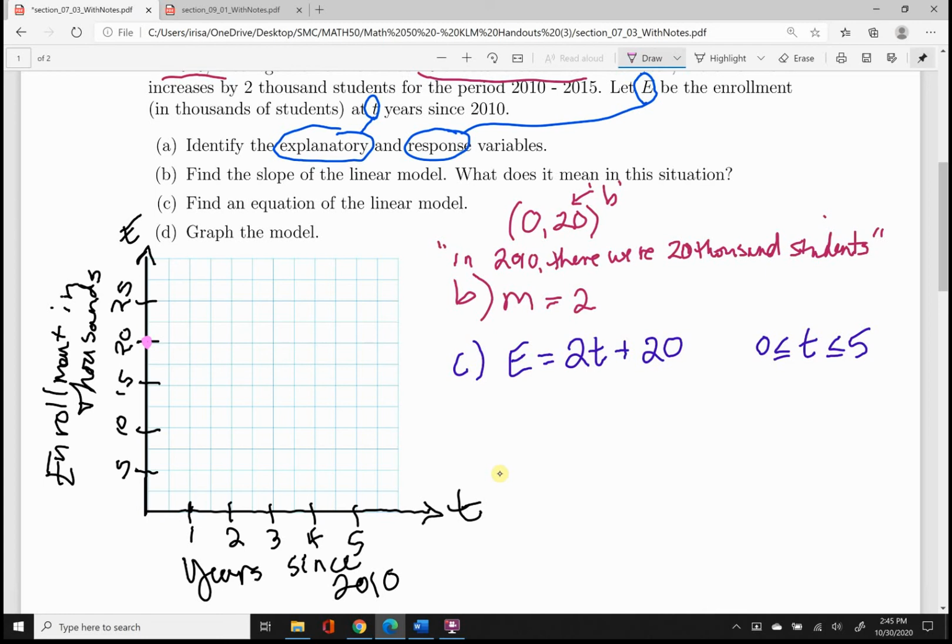So for part D, what is the enrollment in 2015? It looks like it'll be 30, right? Which is all the way up here. So that'll be 10 plus 20, which is 30. So at 5, I should be all the way up here.